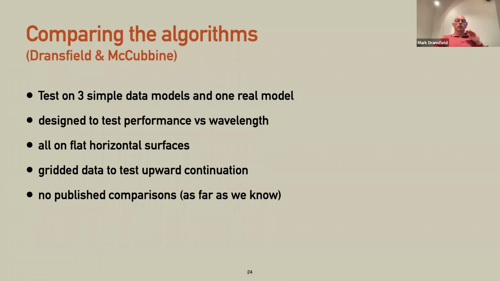And what we were doing, in every case, we were just using flat horizontal surfaces. So pretty simple approach from that perspective. We were just using gridded data, and all we were doing was testing upward continuation. But in this particular problem of merging the data, the upward continuation is one of the major steps. So it's very relevant to the problem.